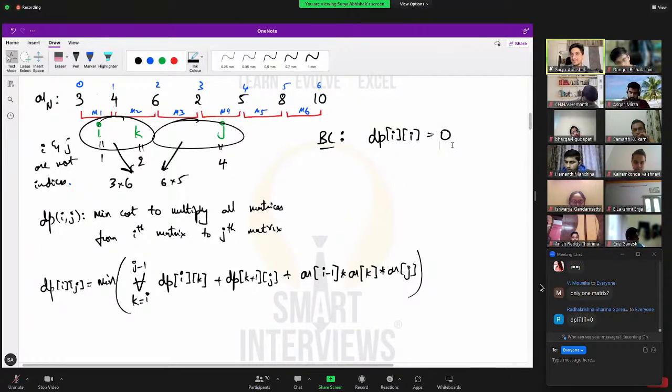One matrix, nothing to multiply. No iterations are required. 0, for all I equal to 1 to n minus 1, to be precise. That's it, right? We don't need any other base condition.